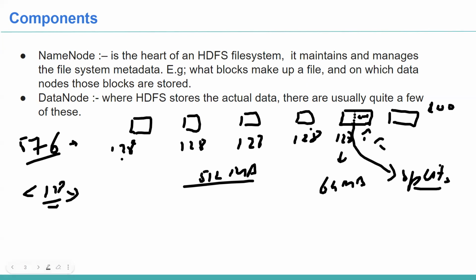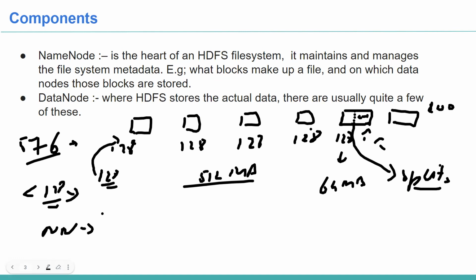It is recommended that you should have a file of optimum size, and 128 MB is the optimum size of the block. And the best way is if we have 128 MB data blocks, then each block will be having 128 MB data.